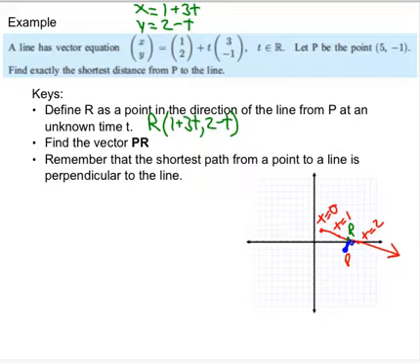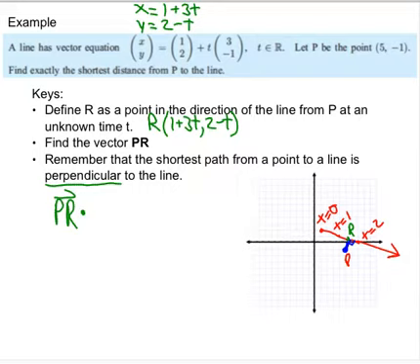And what I want to do, the dot product that's going to equal 0, because we want to get this perpendicular to the line, we're going to find vector PR. We're going to dot it with what? The line. Well, what about the line? You're right. Yeah, velocity. What is determining the direction of the line?